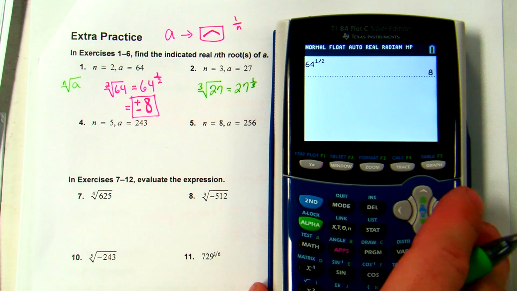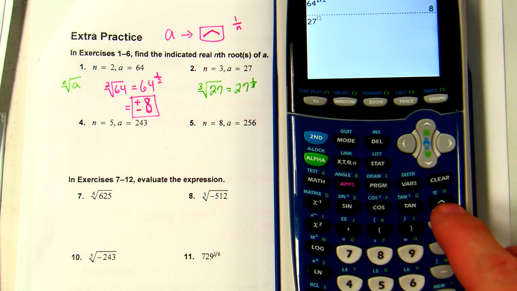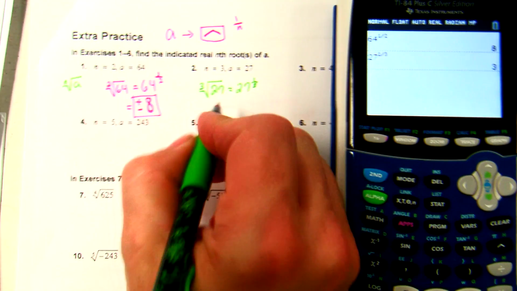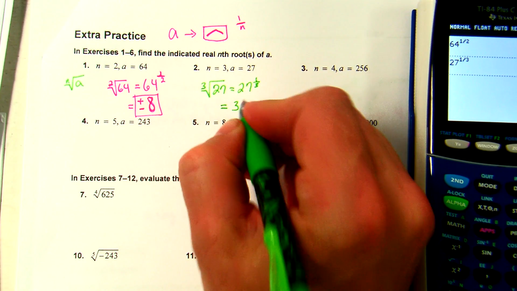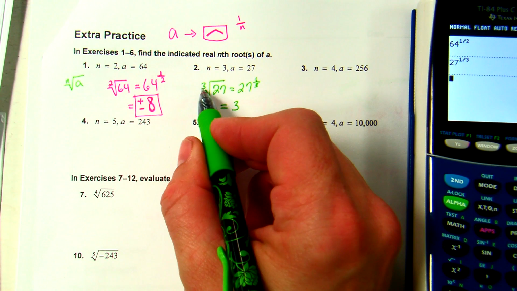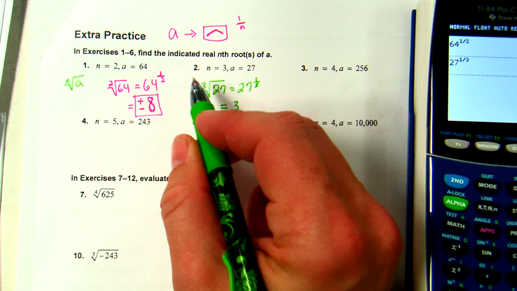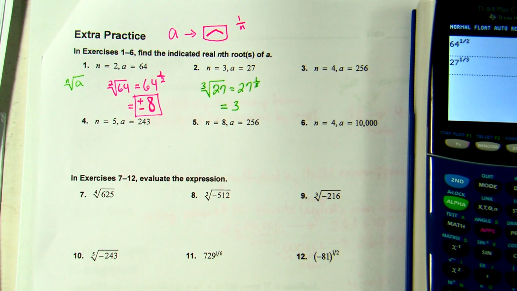And like I said, we can put that right in the calculator. 27, use the little rooftop symbol right there. It's going to give me the powers position on the calculator. I'm going to put in 1 divided by 3, hit enter, and I get 3. Now, this is an odd number, and that's positive. We don't have to worry about positive or negatives right now, do I? As long as this is odd, I don't really have to worry about positive or negative answers.